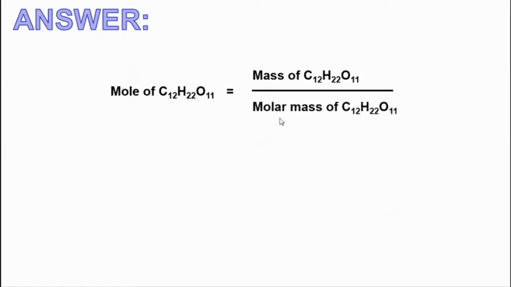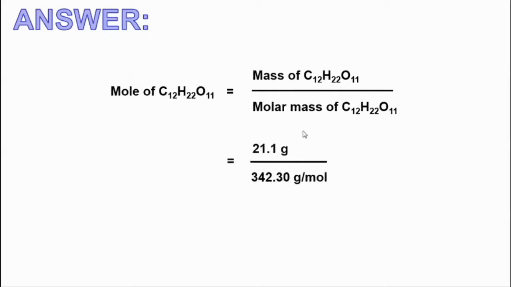So what should we do first? We are going to calculate how many moles of sucrose reacted in the reaction. Same as the previous example, to determine the moles, we use the mass of sucrose divided by the molar mass of sucrose.